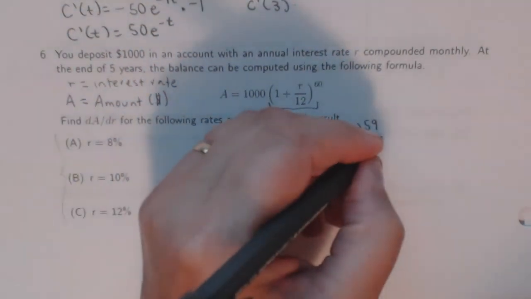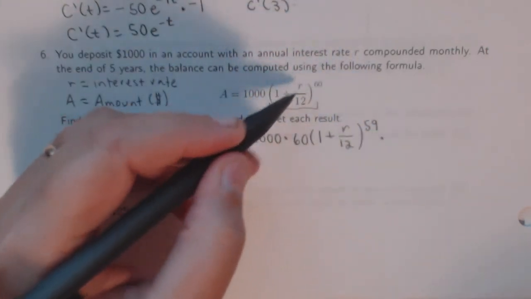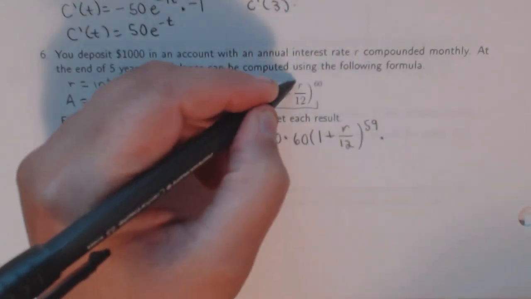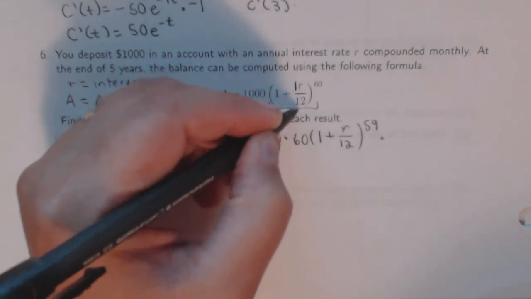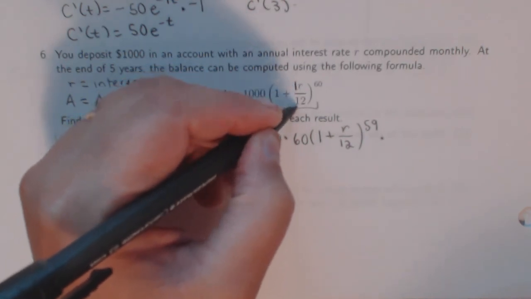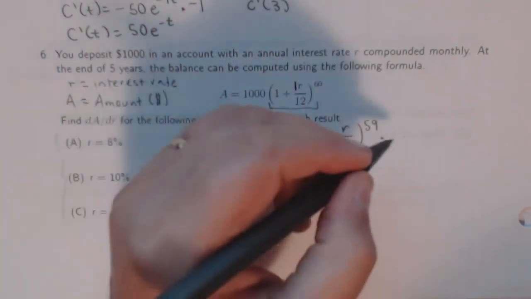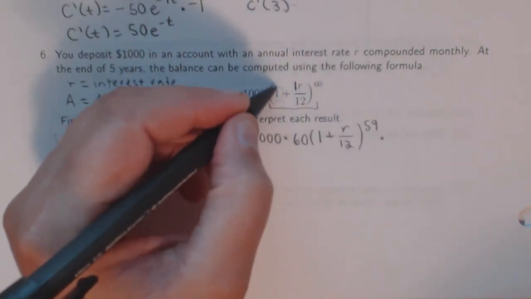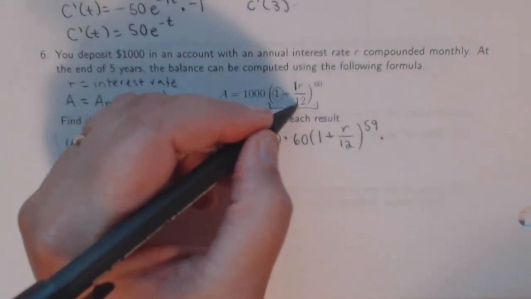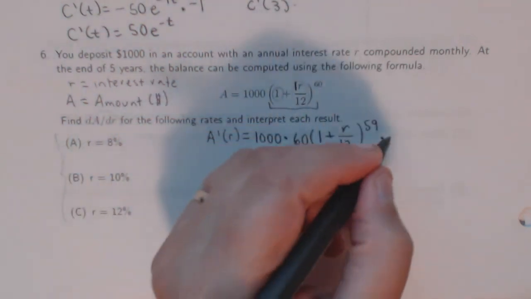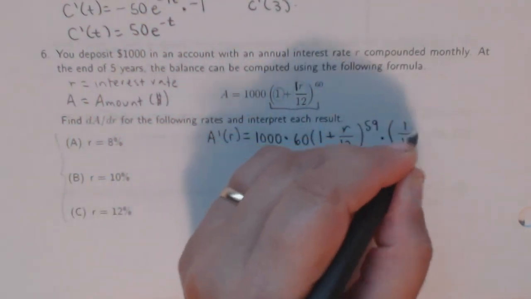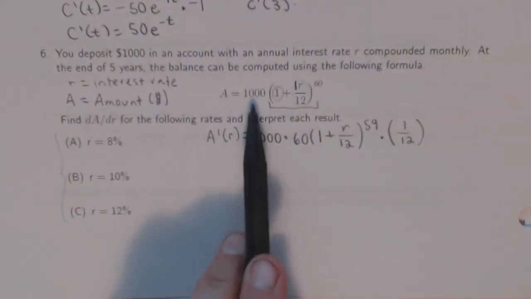And then the chain rule says after you take the derivative of the outside, you take the derivative of the inside. This R over 12 is really 1/12 times R. So the derivative of 1 is 0, and the derivative of 1/12 R is simply 1/12.